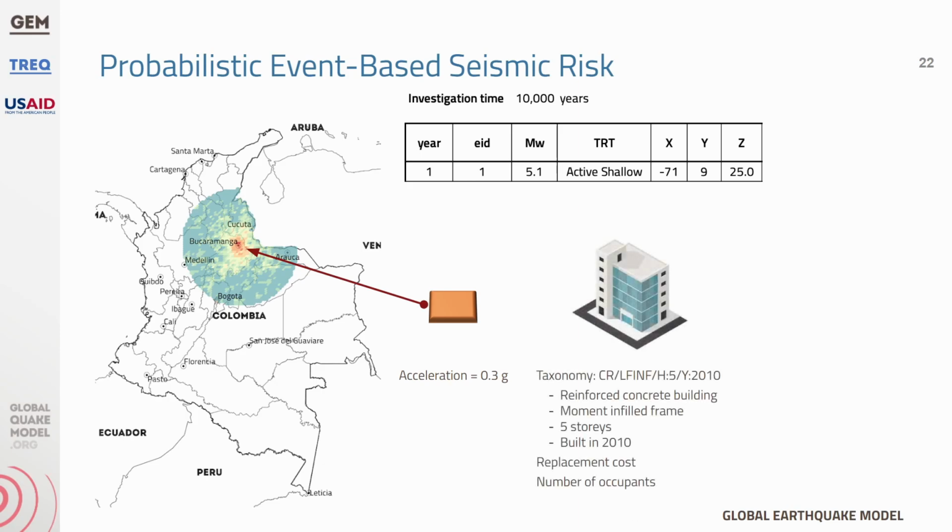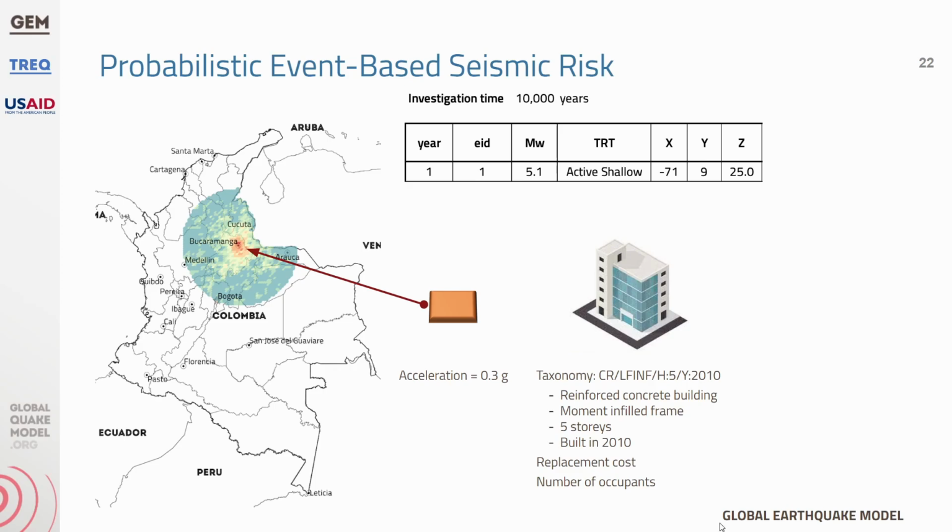Let's also assume that in that particular point, in that particular location, our exposure model is telling us that there is one asset there. There is something exposed there, and this will be a single building. And our exposure model provides the physical characteristics of that building. So what OpenQuake will understand as the building class described in this taxonomy attribute.